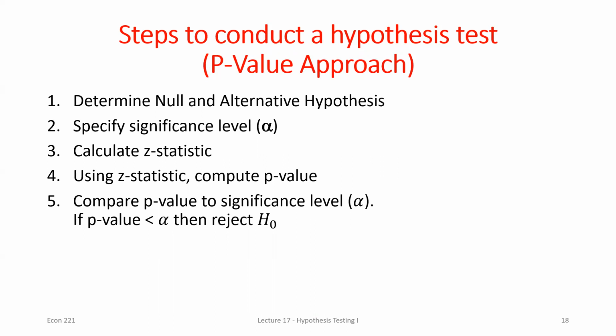It represents the z-value of whatever sample mean we saw, or how many standard deviations away the sample mean that we saw was from that assumed true mean. Once we find that z-value, we can then find the probability of seeing that z-value or anything to the left of it if it's a left-tailed test, anything to the right of it for a right-tailed test, and then compare that to alpha. So these are the steps. So how do I calculate that z-value?